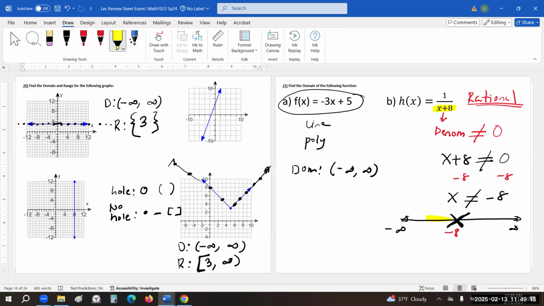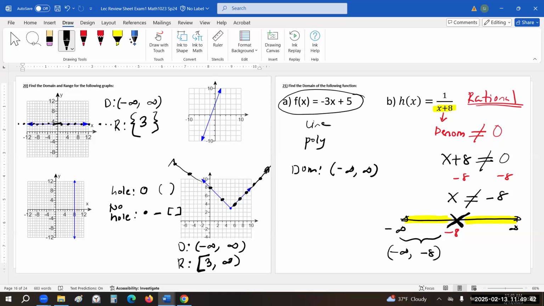So we write our domain as 2 intervals. In the first interval, which number to which number do you have? What is the smallest number you see in your first interval? Negative infinity to -8.